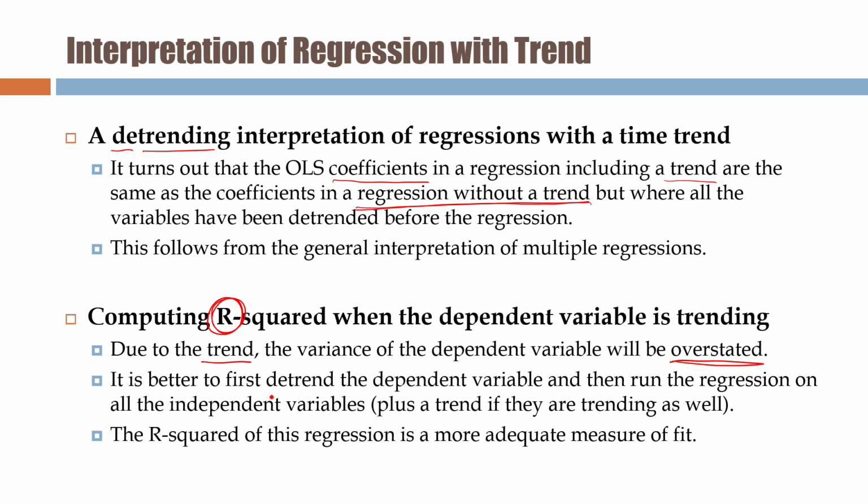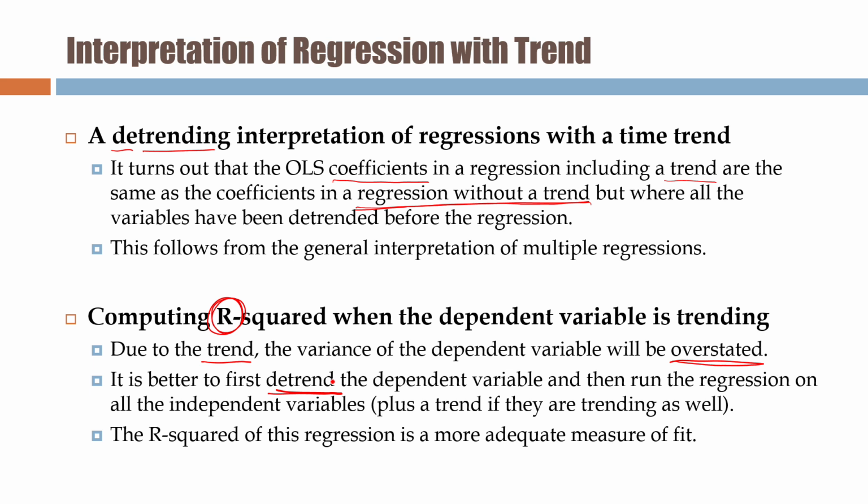So it's better to detrend first, and then run the regression, and then we can find out which one. Like in model selection, if the trend is pretty strong, you're going to have a difficult time finding out whether adding this variable really increases R square or not, because R square is dominated by the trend.